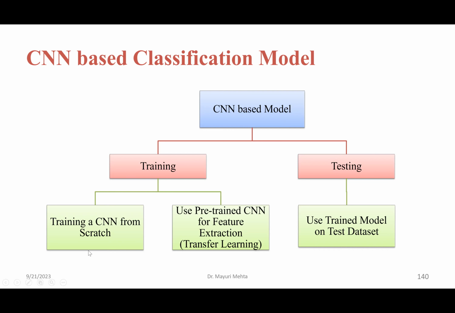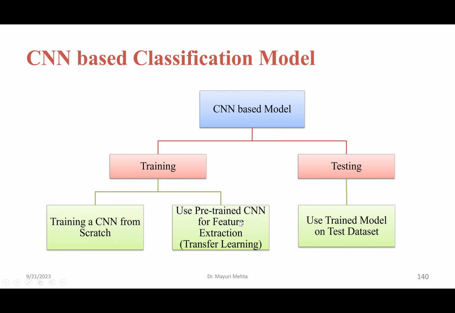You have made an architecture. You may have created a shallow CNN or a deep CNN, depending on the complexity of the data in your data set, and now you want to train it. You may train it from scratch, or you can use a pre-trained CNN, an already trained CNN. You can create a new architecture and train it from scratch, or use a pre-trained CNN for feature extraction.